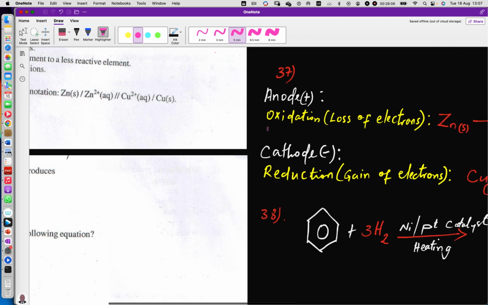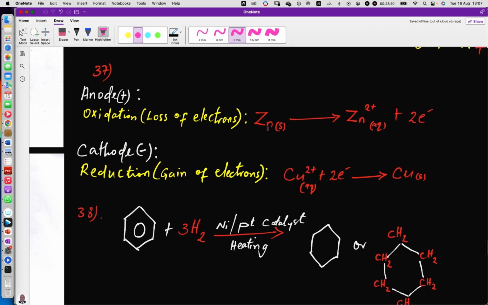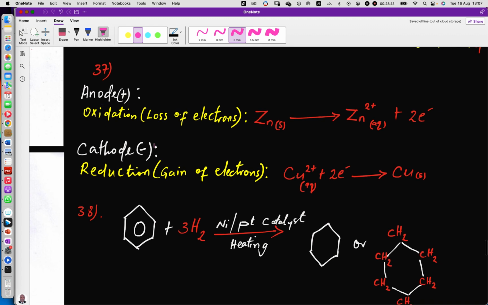Now, this is zinc. Zinc is giving out the electrons. It is easier for zinc to give out these electrons because its electrode potential is very low. It's negative. So it's better for it to give the electrons, and these electrons are captured by the copper on the other cell to become copper solid.